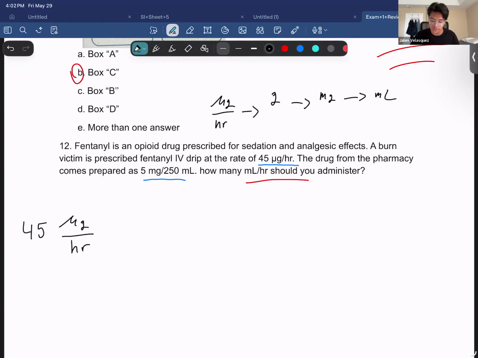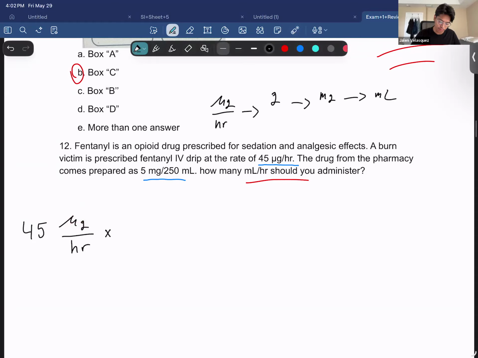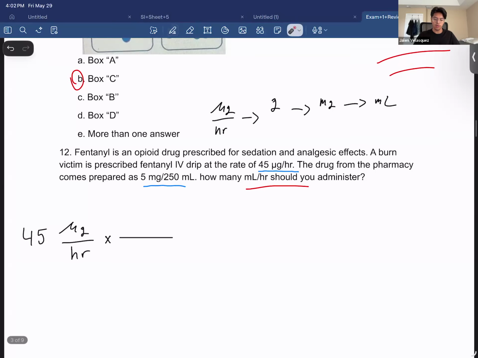All right, so just watch how I do this. I want to go first from the micrograms into grams. So I'll set up my first conversion factor here. Before we deal with the numbers, what units are going to have to go on the numerator? What unit will go on the denominator if I want to go from the micrograms into the grams here?